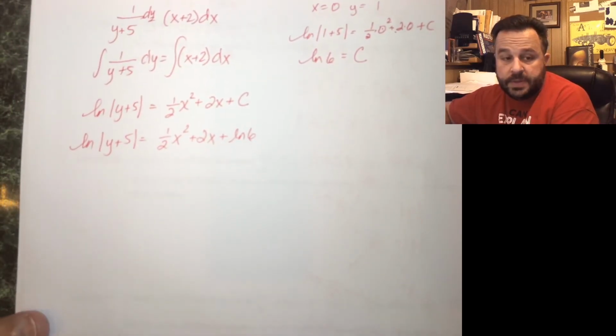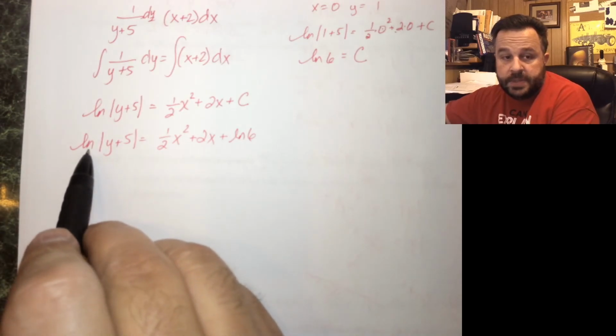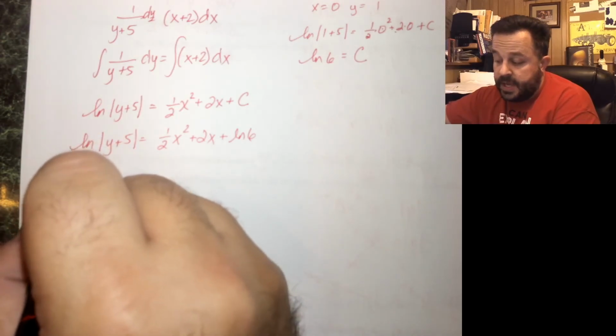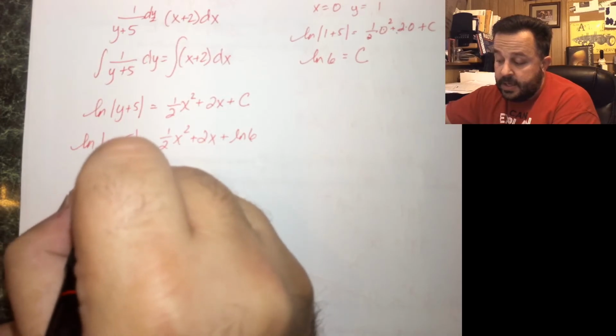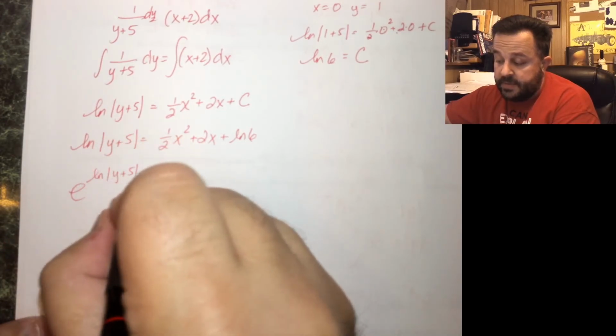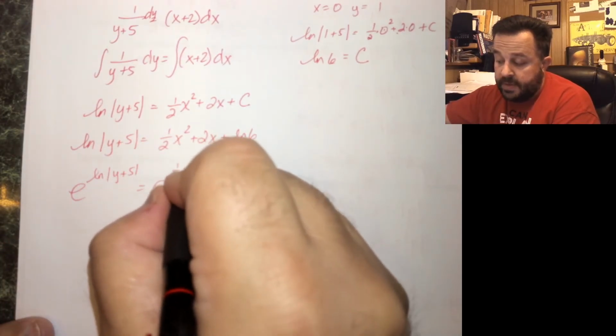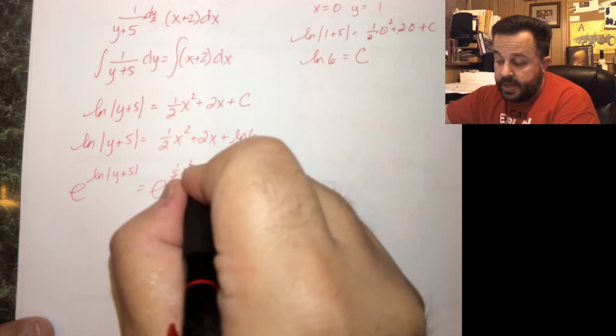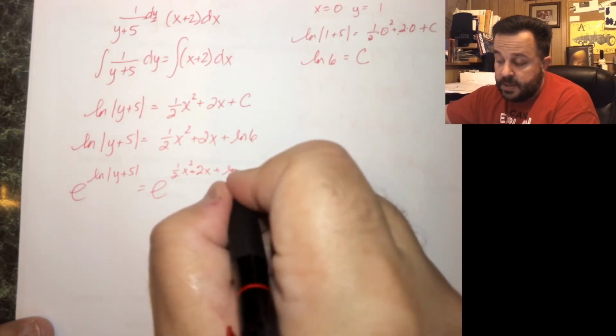And now we'll solve this equation. To get rid of the ln, we're going to exponentiate both sides. So e to the ln of the absolute value of y plus 5 is equal to e to the 1/2 x squared plus 2x plus the ln of 6.